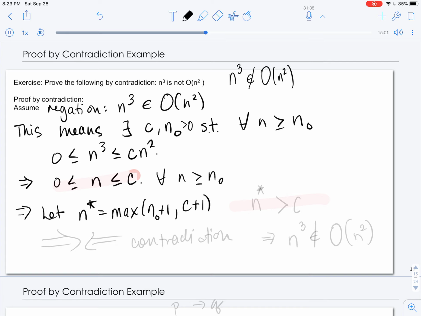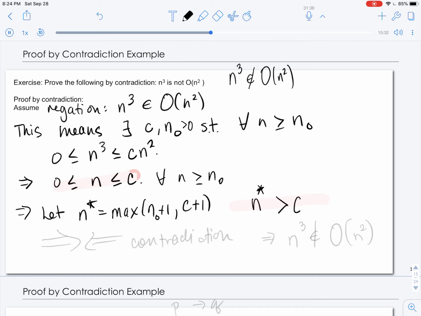Because we need a value of n that's greater than n naught, which would also show that the inequality is false. So now we consider n star. n star is greater than n naught, and n star has to be greater than c, because it's the max of c plus 1 and n naught.